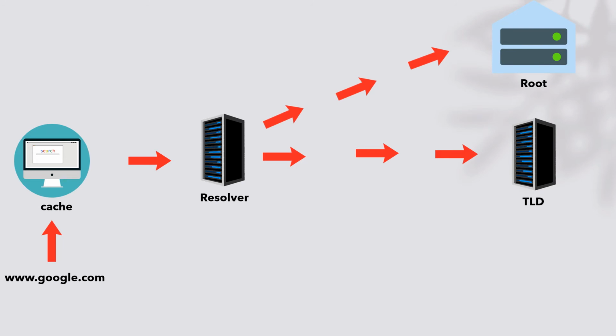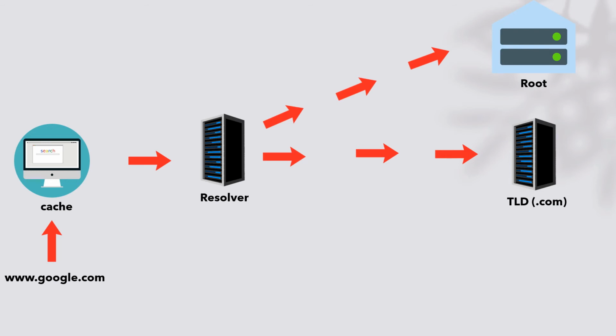So TLD or top level domain servers are responsible for, as you could guess, the top level domains. So this would be, for instance, .com, .net, .org, etc. So we are particularly asking the .com TLD server if it has the IP address for google.com.